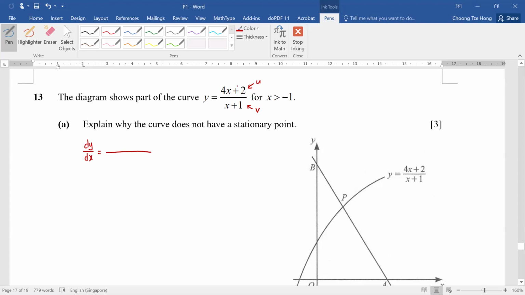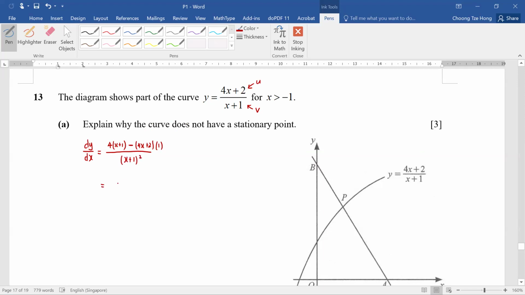When you differentiate u, you get 4, then we take the v. Then it's always minus. Now we leave the u, so 4x plus 2, and then we differentiate v. Differentiating x plus 1 just gives us 1. So basically this is what we are going to get, over x plus 1 squared.